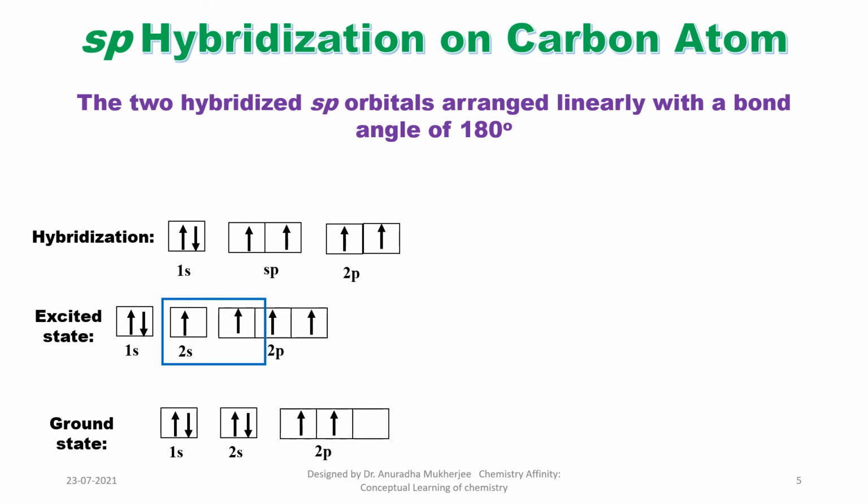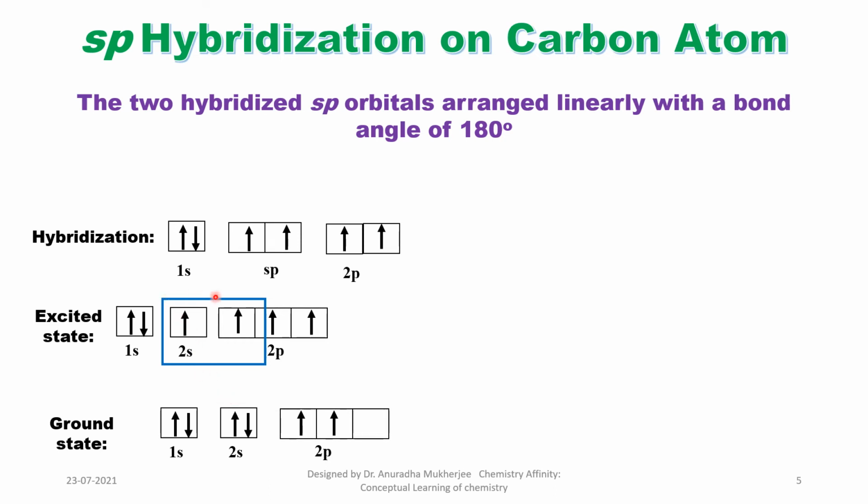So now here you can see sp means we are taking one s and one p orbital. So in the same way the ground state is like that, 1s2, 2s2, 2p2. Now in the excited state, one electron from the 2s jumps to the empty 2p orbital. Now hybridization is sp, so that means one s and one p orbital are going to hybridize.